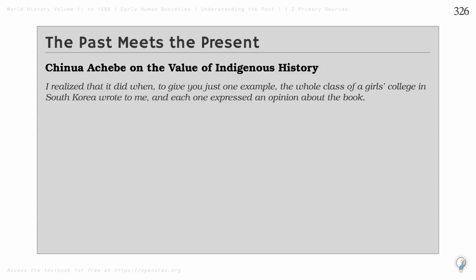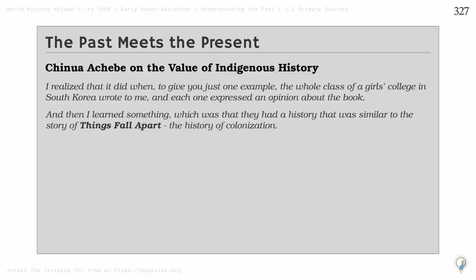I realized that it did when, to give you just one example, the whole class of a girls' college in South Korea wrote to me, and each one expressed an opinion about the book. And then I learned something, which was that they had a history that was similar to the story of Things Fall Apart, the history of colonization. This I didn't know before.